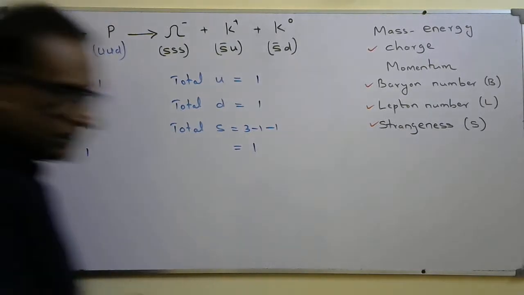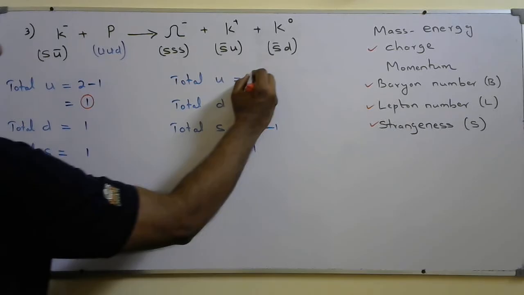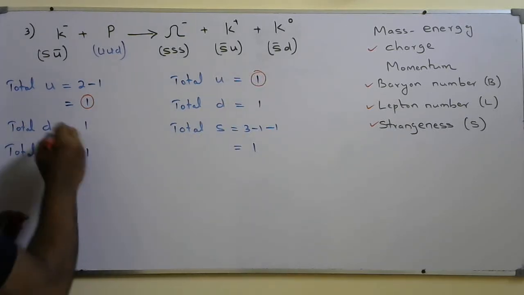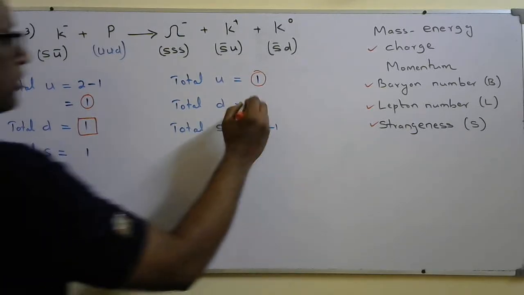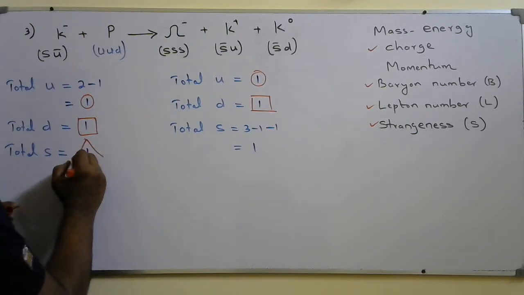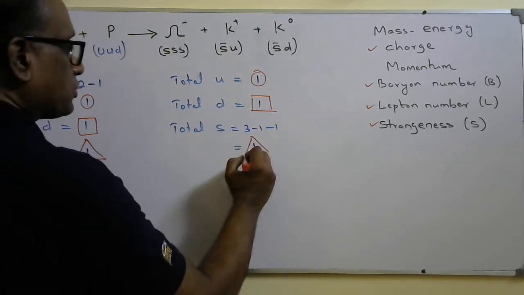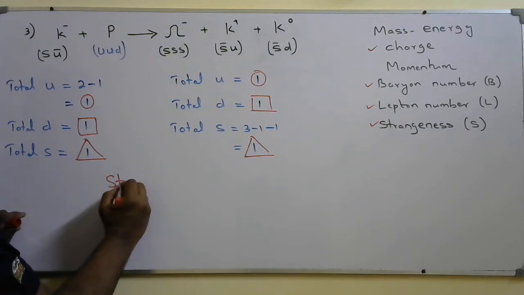Okay, now we'll check what's happening. Number of U, 1. Number of U, 1. Conserved. Number of D, 1. Number of D, 1. Number of S, 1. Number of S, 1. So, type of quarks conserved. So, strong interaction.